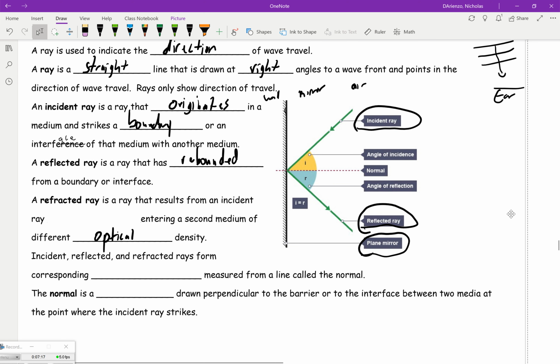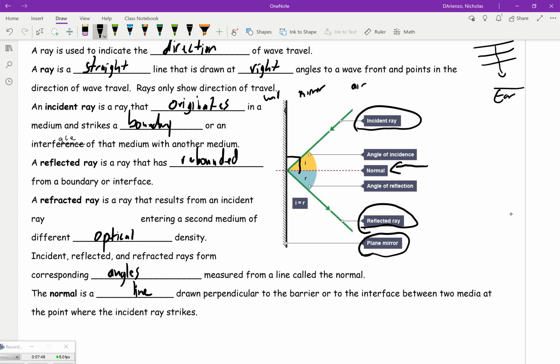So incident, reflected, and refracted rays are going to form corresponding angles that are measured from a line called the normal, which we see here. And this normal is a line that's drawn perpendicular, I drew the right angle there in the diagram, to the barrier or to the interface between two media at the point where the ray strikes.